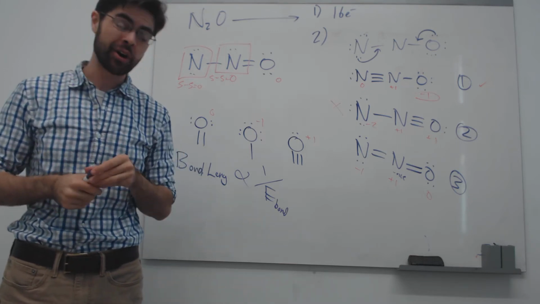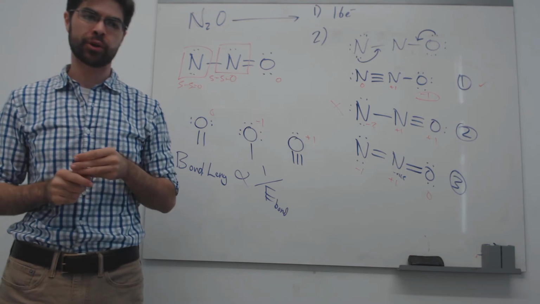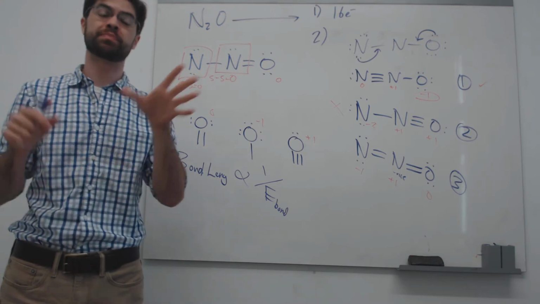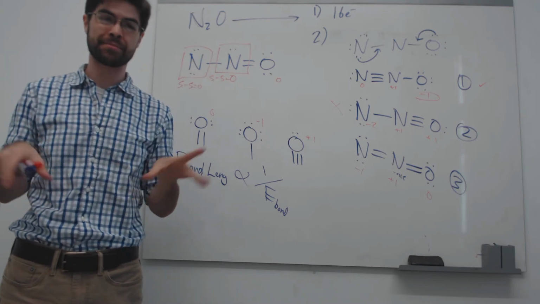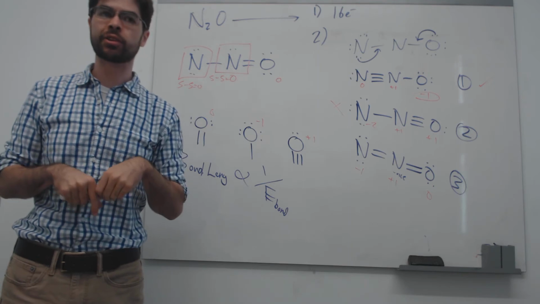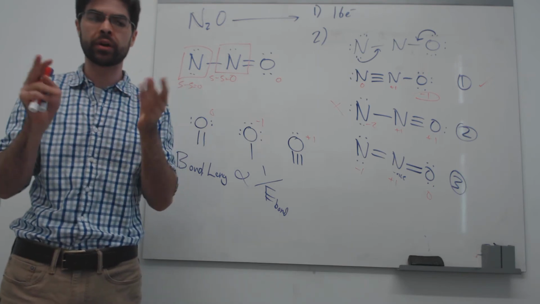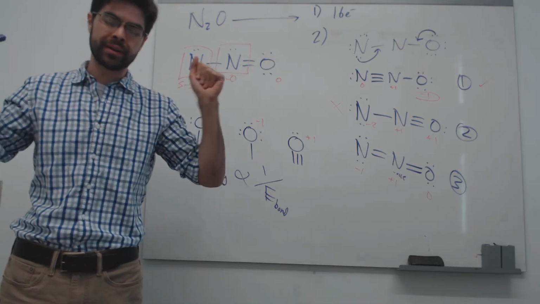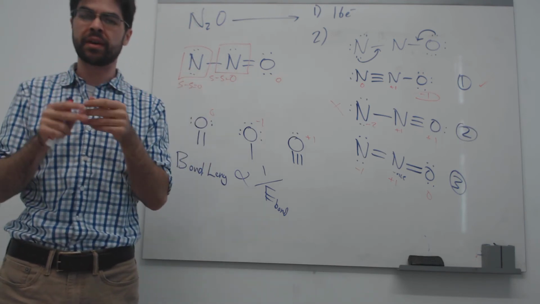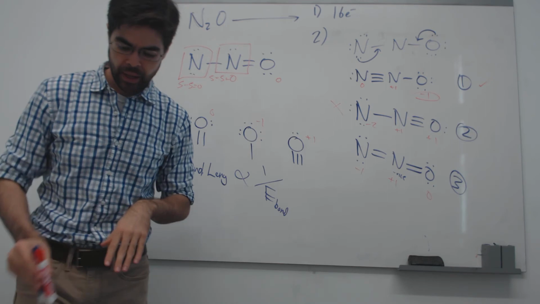Generally, there are going to be exceptions to that, where you can have a bond that is a little bit stronger, harder to break, but just maybe due to the size of the atoms themselves, it ends up being a large bond. And conversely, you can have short bonds that are weaker than longer bonds, but that is a general trend that a short bond tends to be a stronger bond.